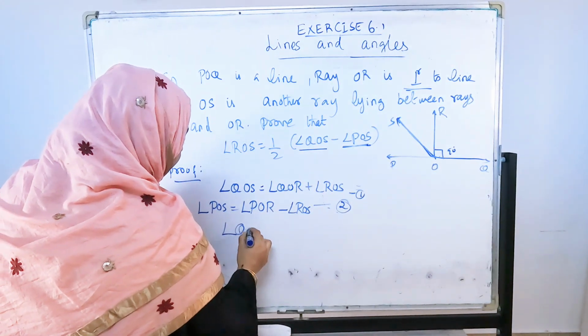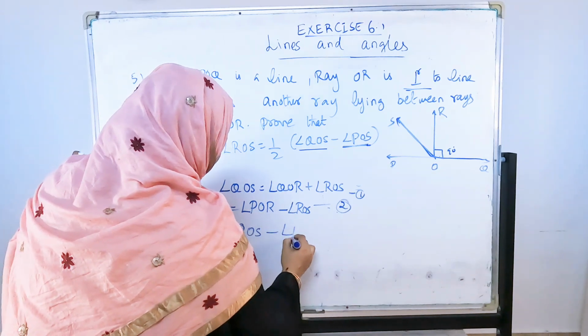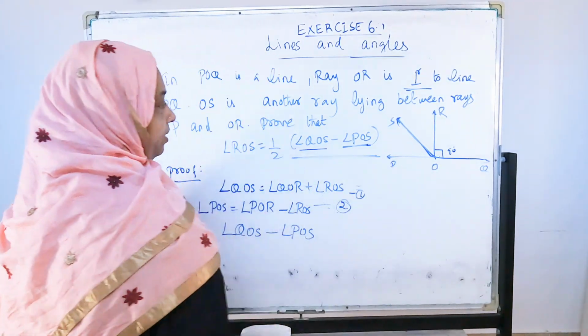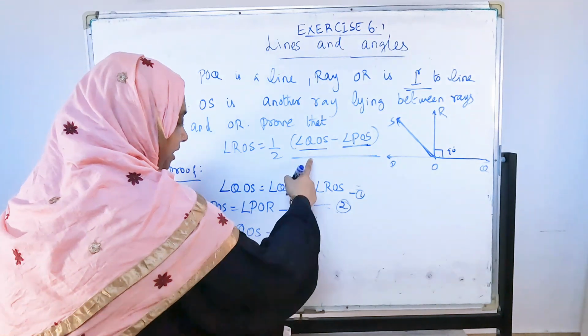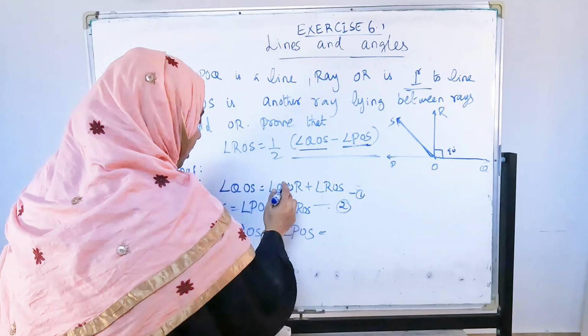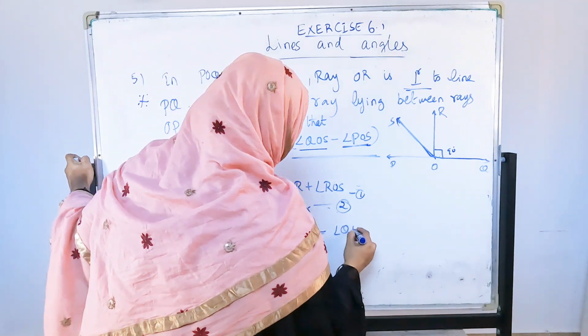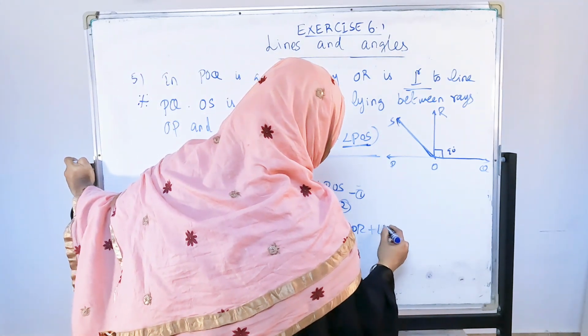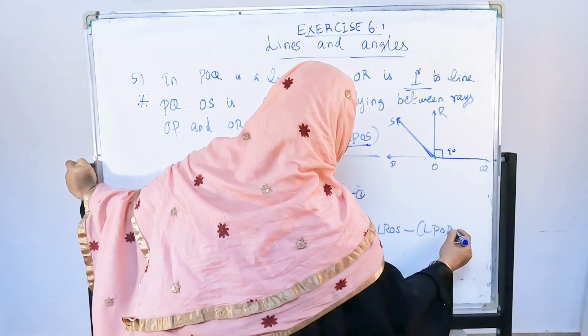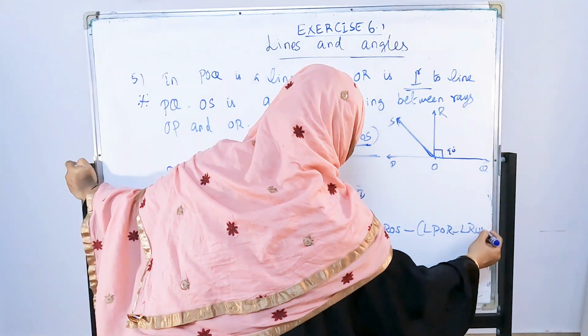Angle QOS minus angle POS. We are taking only the steps according to these. We subtracted, so write the content also: angle QOR plus angle ROS minus angle POR minus angle ROS.